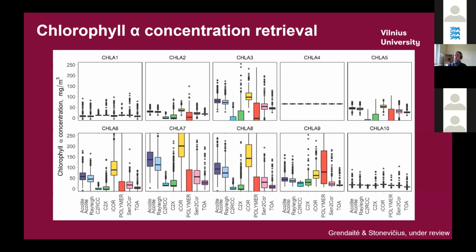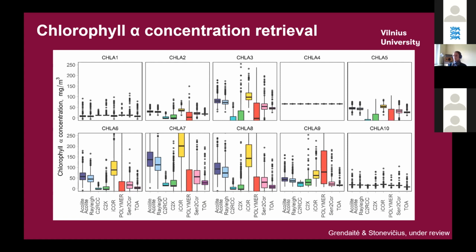From monitoring data, we expected values from 0 to 150 micrograms per liter. And we can see that image-based algorithms such as Ecolite, ICOR, and Centocore gave quite similar results. However, using different algorithms of chlorophyll provided really different results.